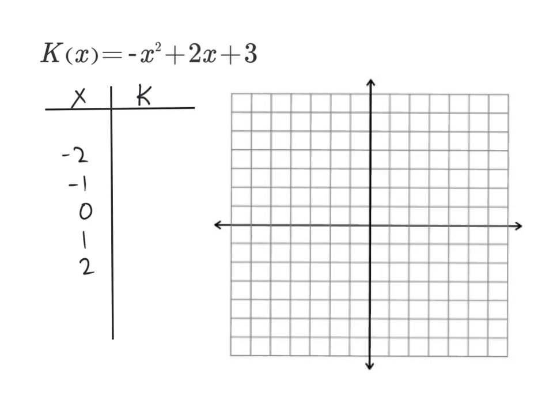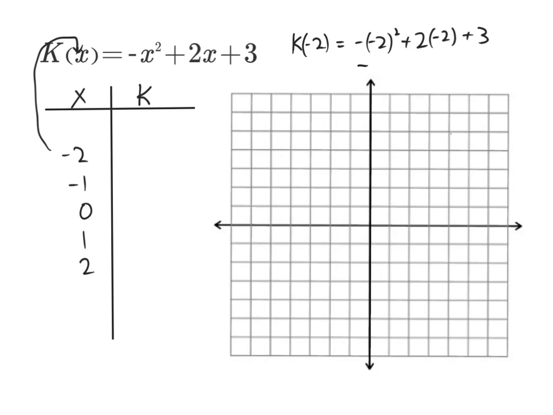So now I'm going to plug negative 2 into here. So I get k of negative 2 is negative negative 2 squared plus 2 times negative 2 plus 3. So we end up getting negative 2 squared, which is positive 4, but that positive 4 is going to be negative.